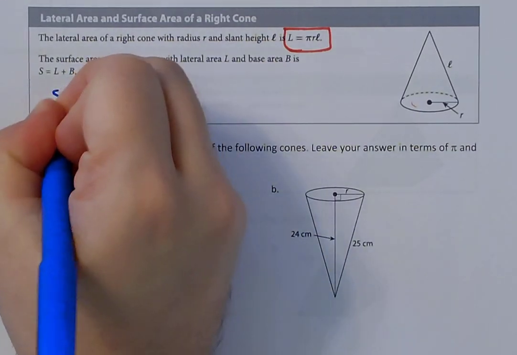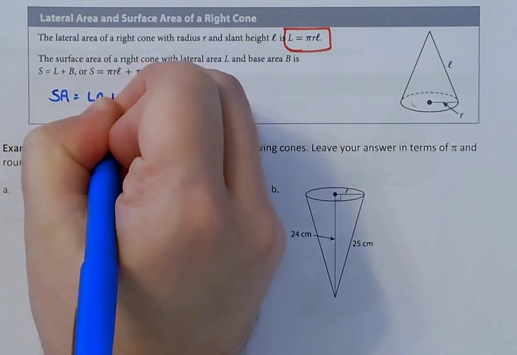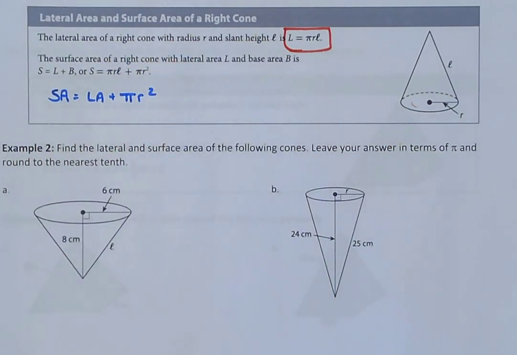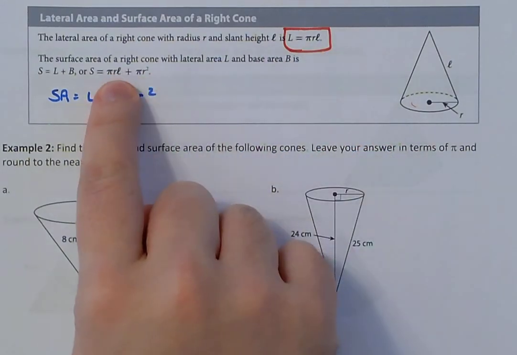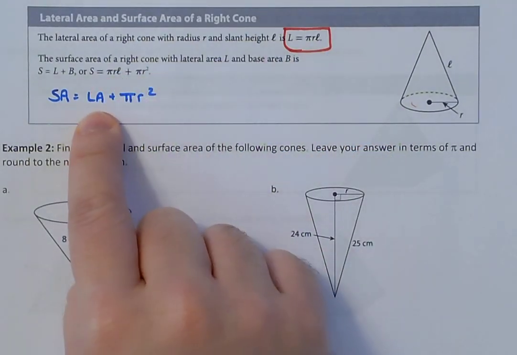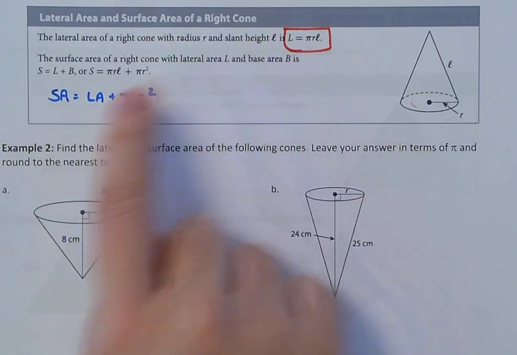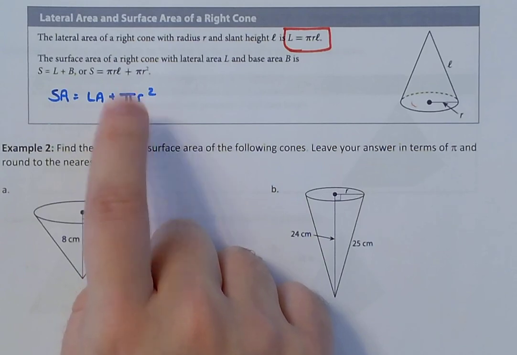Let's call this surface area equals the lateral area plus pi r squared, because we have to figure out the lateral area for every problem, which is that pi r L. So I'm just going to notate it as lateral area because we're going to figure this out first. Then we just have to figure out the area of the base, which is pi r squared.